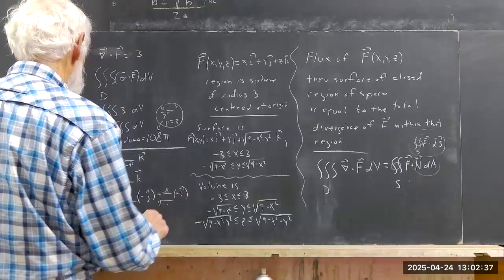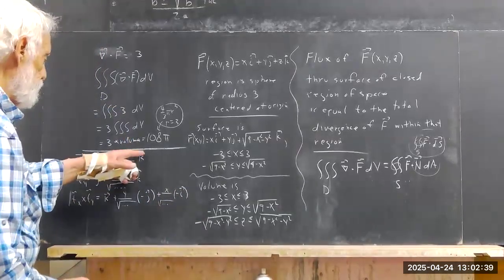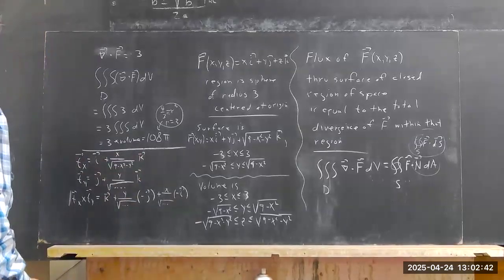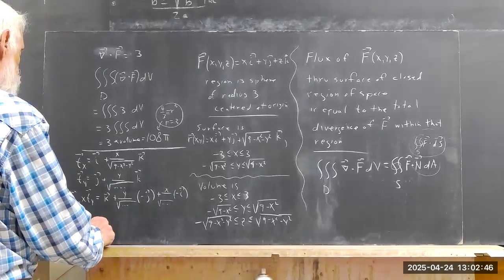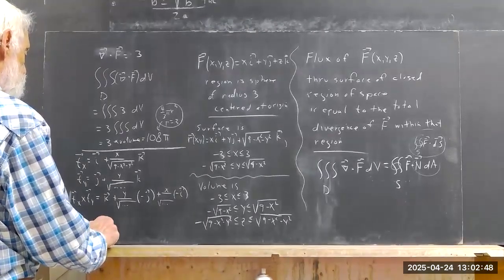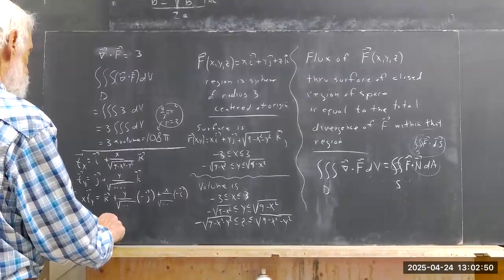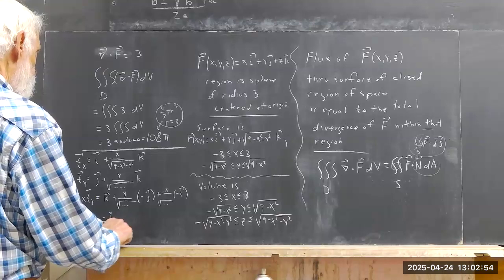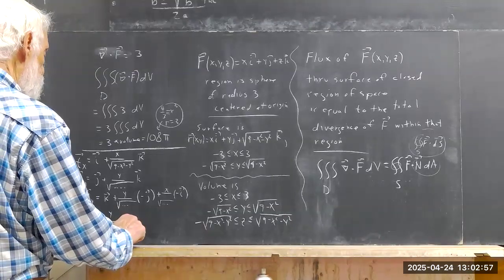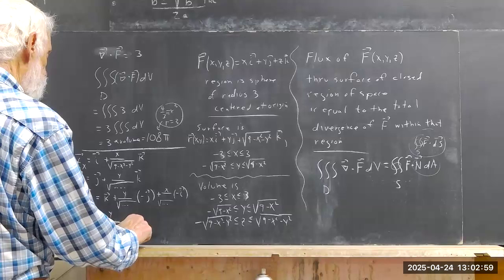And then it's going to be k cross k, which of course gives you 0. It's negative y over that square root.